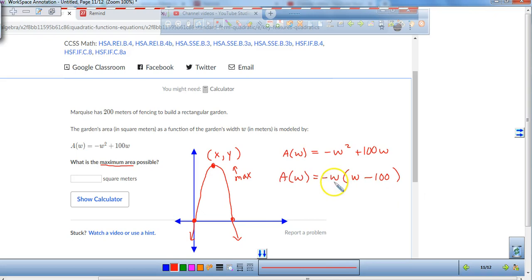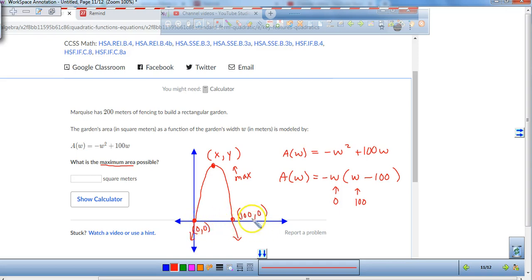Because negative w times w is negative w squared, and a negative w times a negative 100 is a positive 100w. So we have 2 zeros. One 0 will be at 0, and the other 0 will be at 100. So I know right here I'm at 100, 0, and I know I'm at a 0, 0.